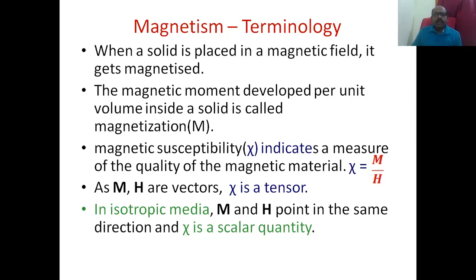That is the susceptibility, and it is defined with this equation: magnetization per unit applied magnetic field strength. So that is Xi. Here capital M is magnetization and H is the magnetic field strength or magnetic field intensity.